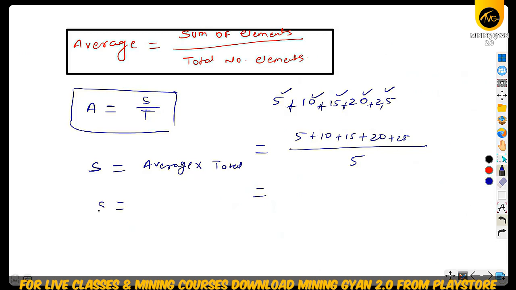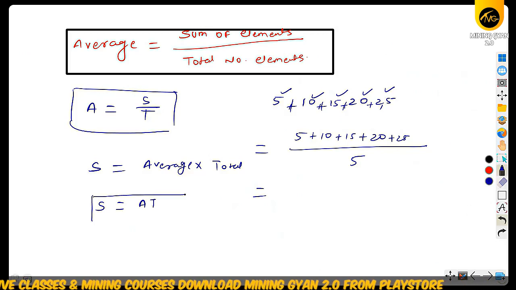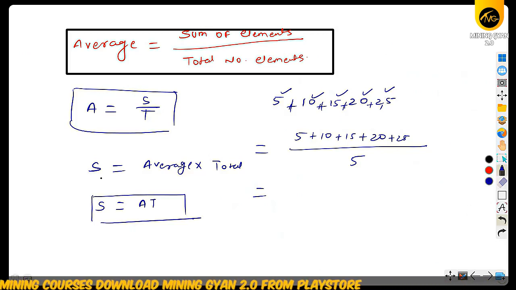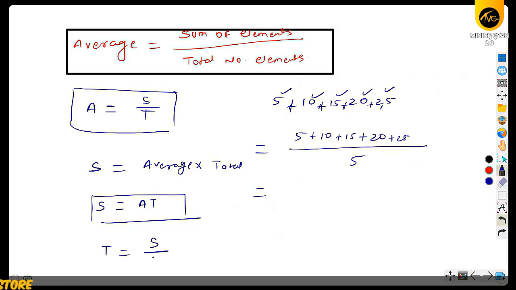We can write S is equal to A into T. Or if you want to find the total number of elements, then T is equal to S divided by A, sum of elements divided by average of numbers.